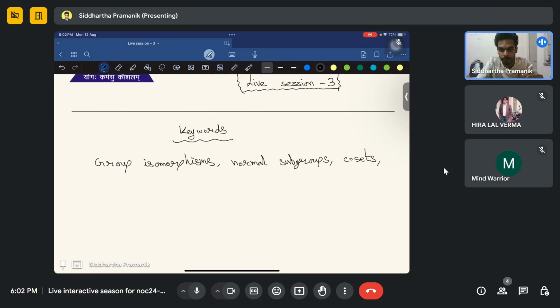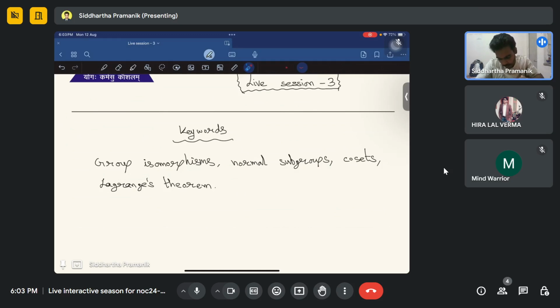And finally, we saw the celebrated theorem, which is Lagrange's theorem. So these four topics are the keywords for this week 3.